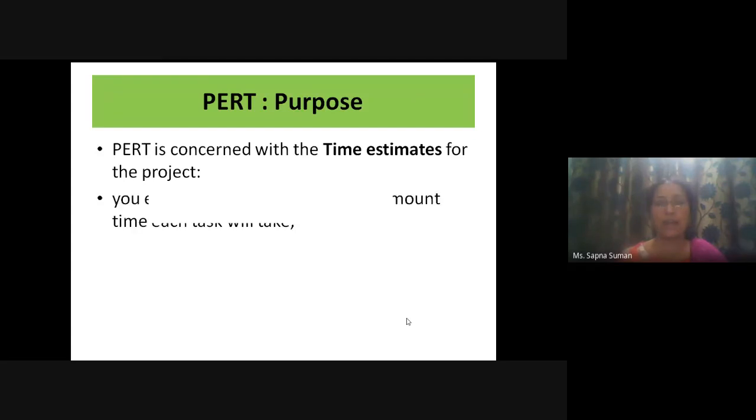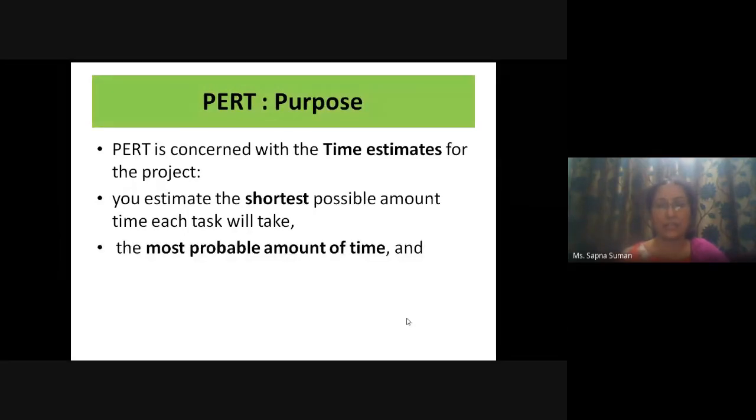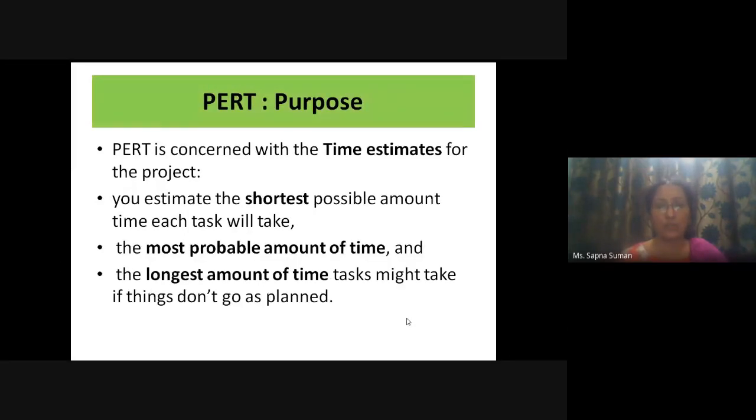There are three terms here: the shortest possible time, the most probable time, and the longest amount of time. We have already discussed all this yesterday. The shortest time is the least time taken by any project. Longest time means the largest amount of time. Probable time is the normal time, the most probable time taken by the project.